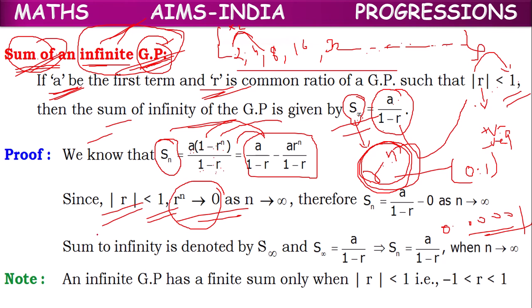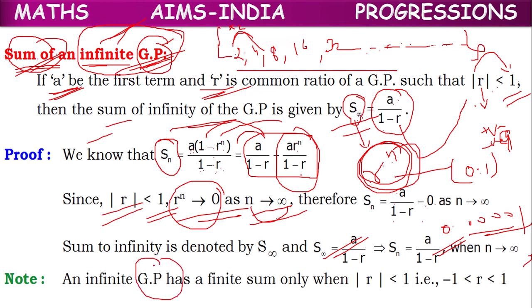When n is a normal number like 9, it is very much less than 1, but if n is infinity, then it will definitely reach almost 0. Therefore, as r power n is 0, the second part becomes 0, and we will have a by 1 minus r minus 0, which is equal to a by 1 minus r. So this is the formula for the sum of infinite terms of a GP.